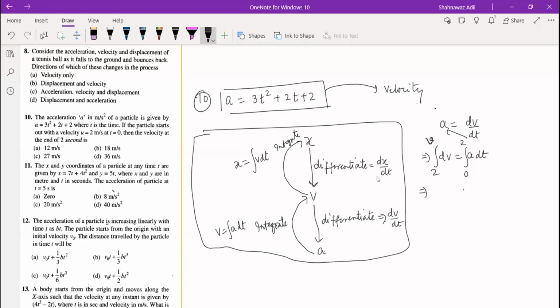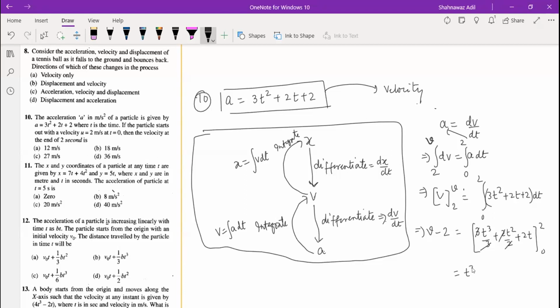So the left side is v minus 2, and the right side is the integral of 3t square plus 2t plus 2 from 0 to 2, dt. That gives 3t cubed by 3 plus 2t square by 2 plus 2t, and we put in the limits 2 to 0. This 3 cancels, this 2 cancels.